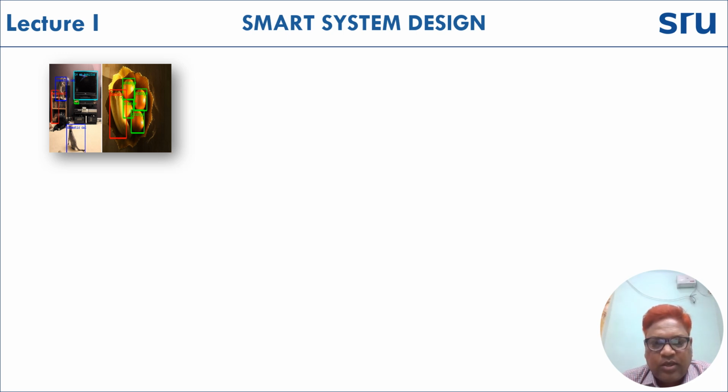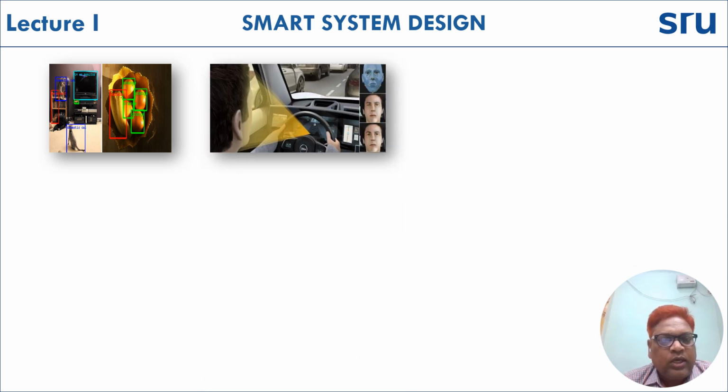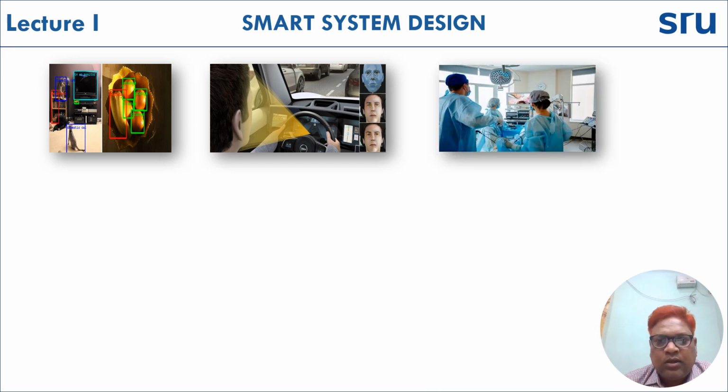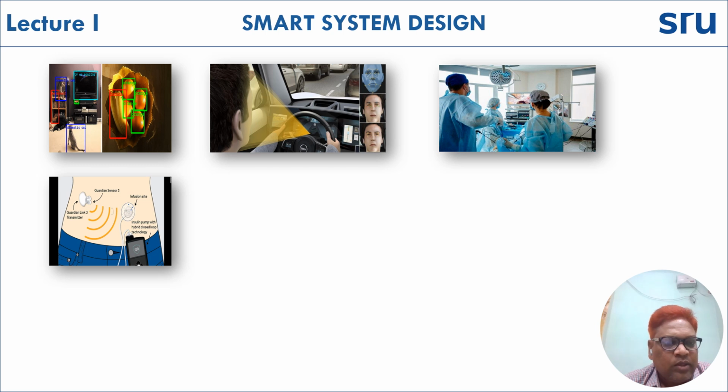I gave the best example of a smart system in the form of the human body, but nowadays we are seeing several types of artificial smart systems, which include object recognition systems, one of the best examples nowadays, automatic driver sleepy detection systems based on facial expressions, laparoscopy surgeries, and artificial pancreas.